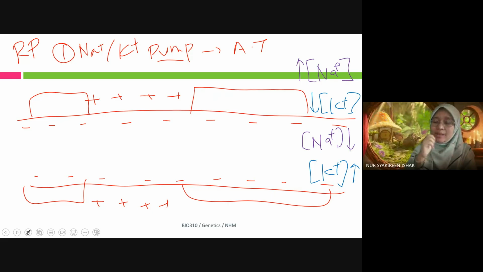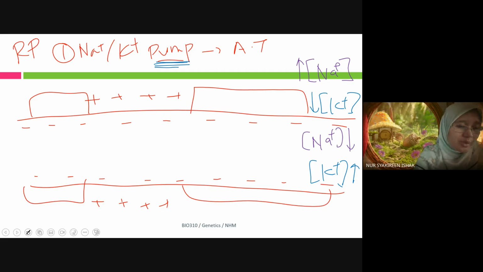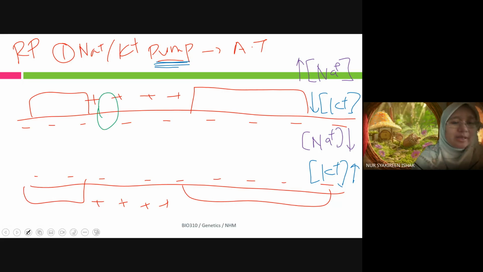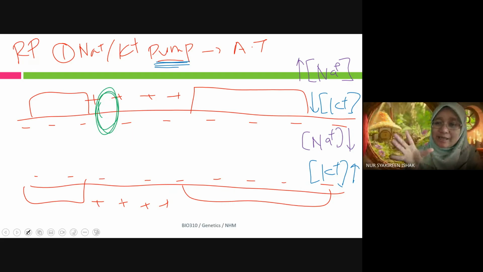So when this happens, what is the role of the sodium potassium pump? Here for example, we have the sodium potassium pump, I draw it in green. The sodium potassium pump is involved in active transport. It means that the ion has to move against the concentration gradient. In this case, look at sodium.